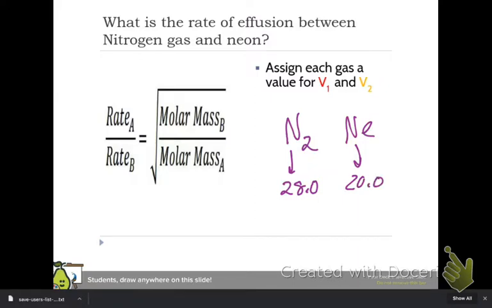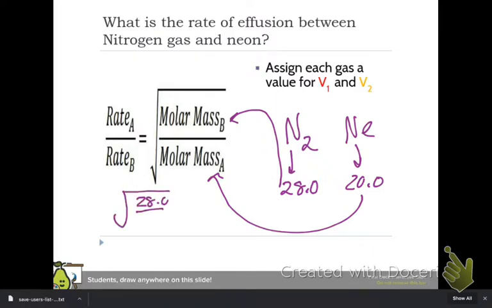All right, so we decided the smaller molar mass is going to go in the bottom. The larger molar mass is going to go on the top. So we're going to find the square root of 28 divided by 20. So go ahead and do that. Which means we need to find the square root of 1.4.